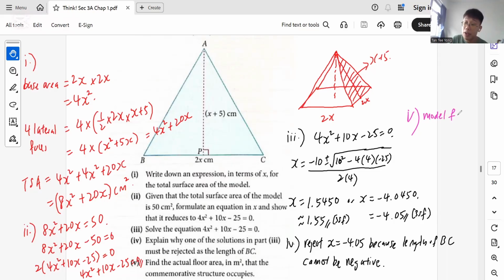The model floor area is equal to 4x squared, so 4 times 1.5450 squared.